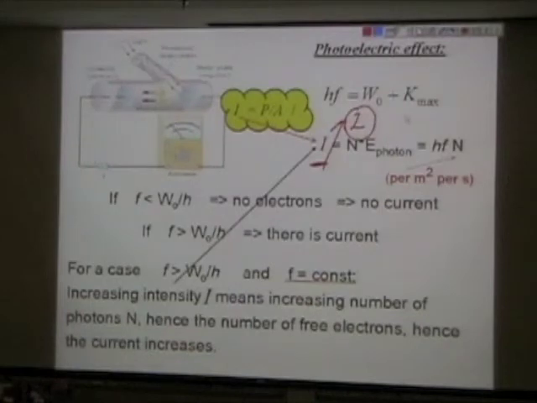And my question is, what is happening to the kinetic energy of that ejected electron? 1. Well, let's say getting larger. 2. Doesn't change. 3. Getting lower. 4. Not sure.